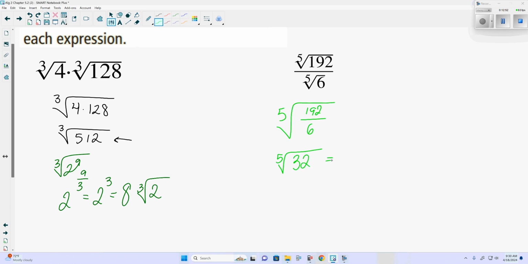And 192 divided by 6 is 32. And the 5th root of 32 is? By the end of this, I think we might know the powers of 2 up to a good number for a while. Any questions on this here?